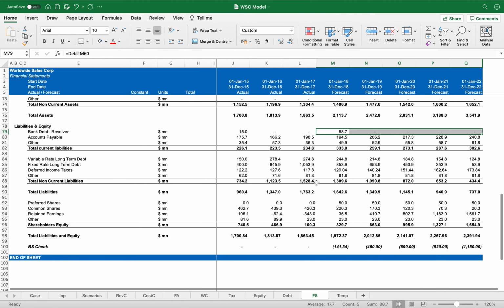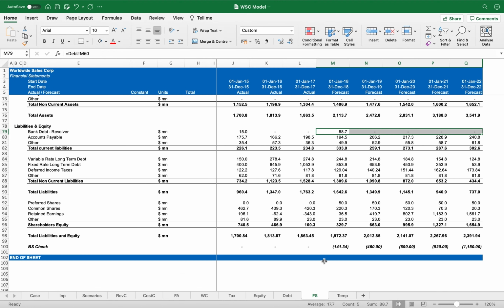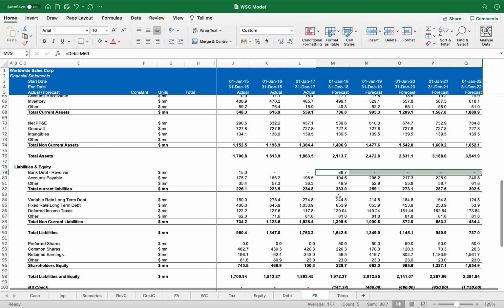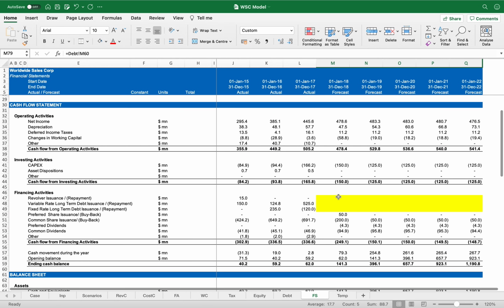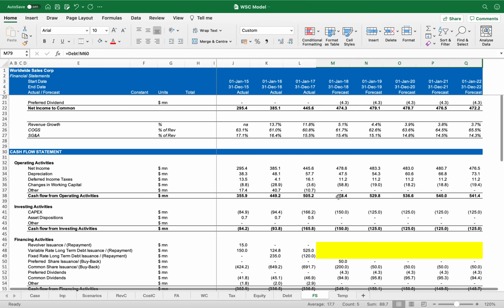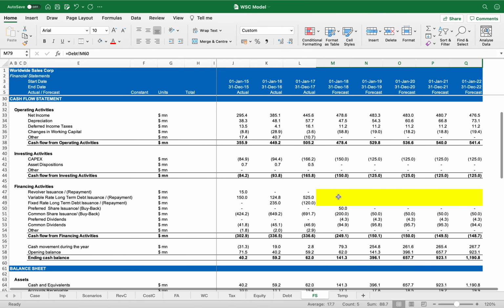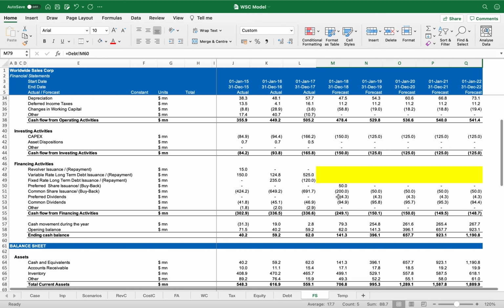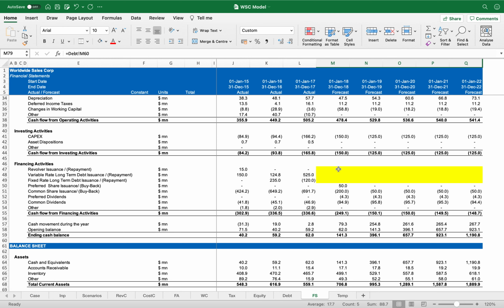Okay. But you will observe that, hey, wait, Ayush, it's still not matching. Well, wait a minute, because I am still to put in other figures in my cash flows and income statement. So let's start with cash flow. Revolver issuance or repayment.